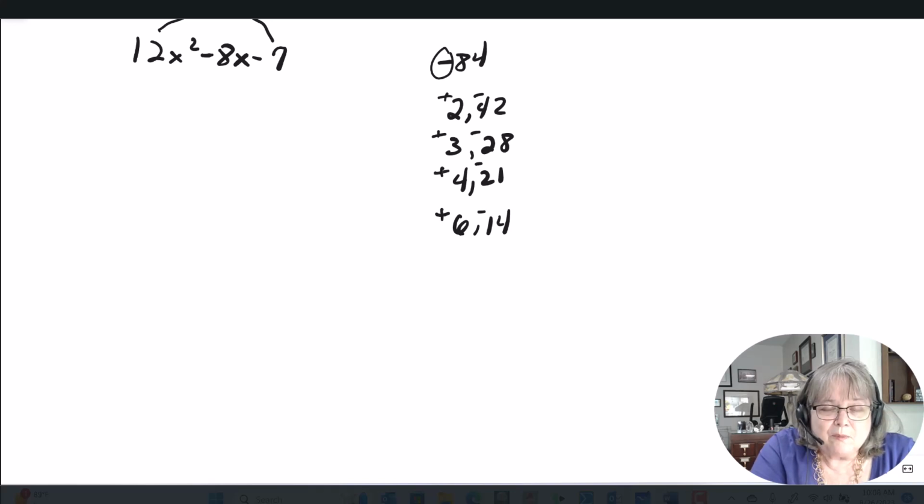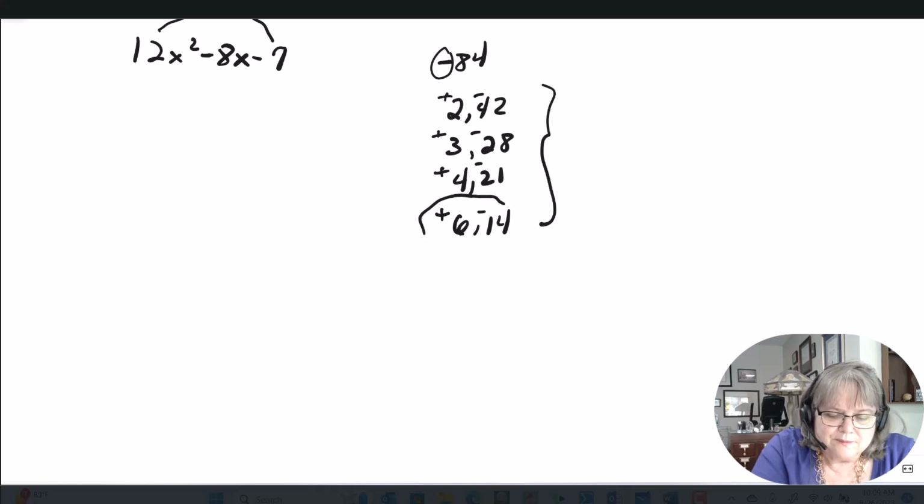Okay, so remember, you have to spend your time picking this pair, because if you pick the wrong pair, it's still going to give you factors. It's just the wrong ones. They won't be right. Your teacher will mark it all wrong. All right, so which pair multiplies to negative 84? They all do, right? But adds to negative 8.